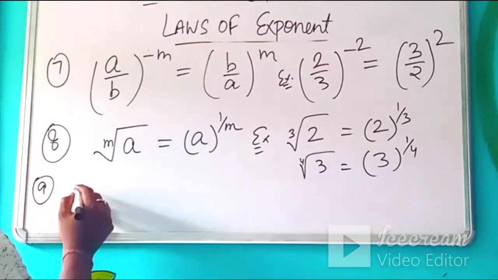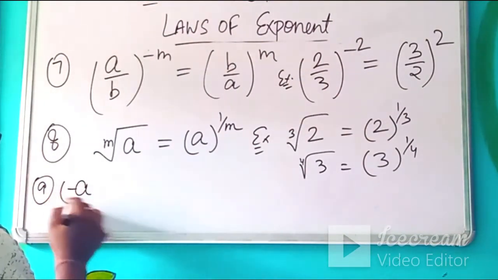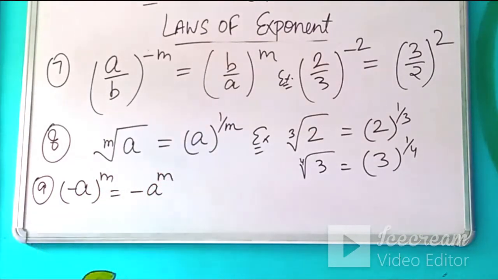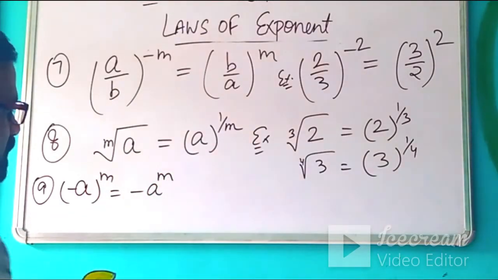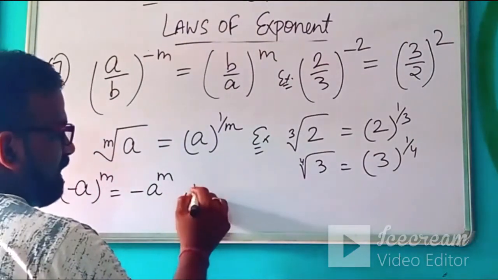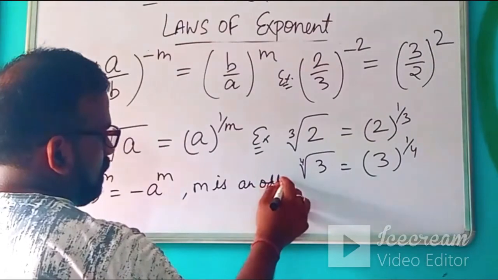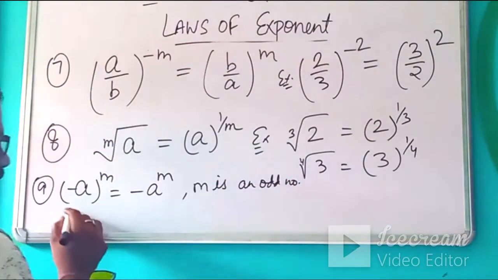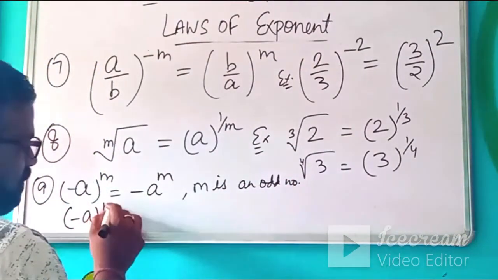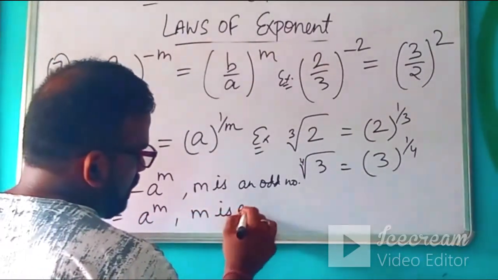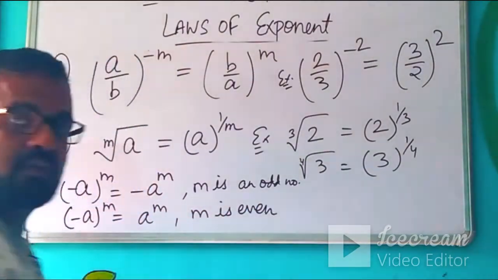Then suppose minus a to the power m. Your answer will always be negative when m is an odd number, and minus a to the power m is always positive when m is even.